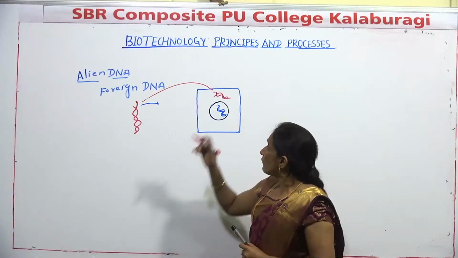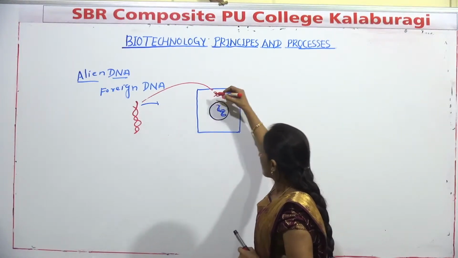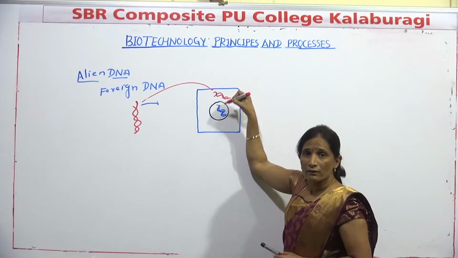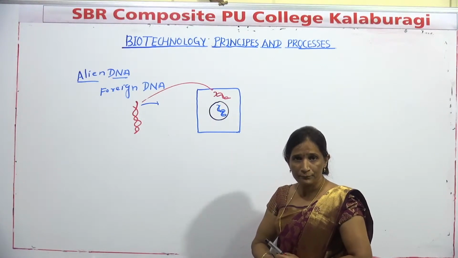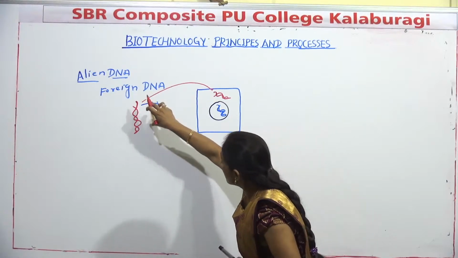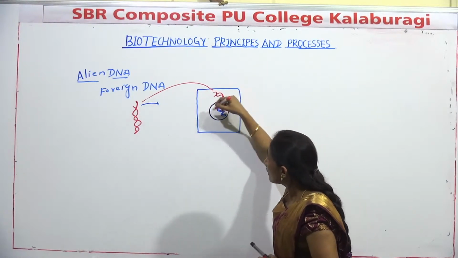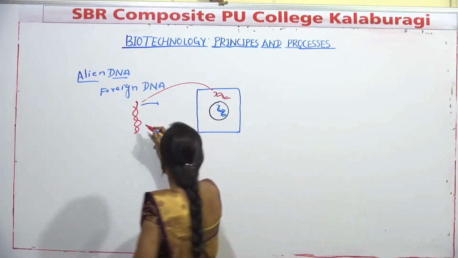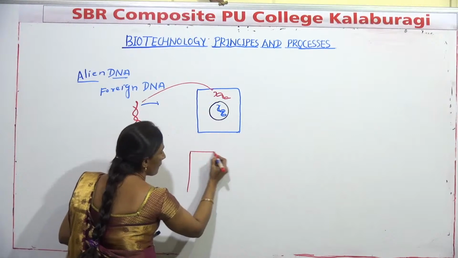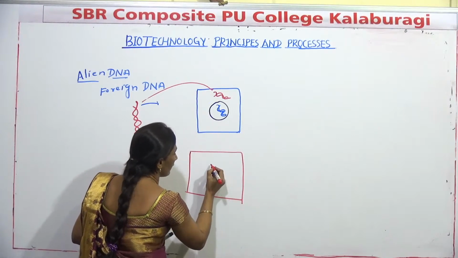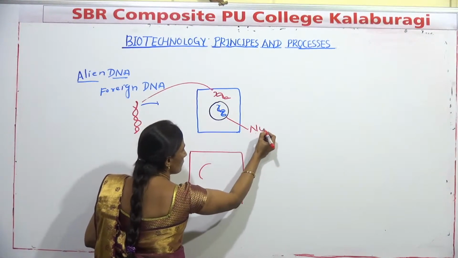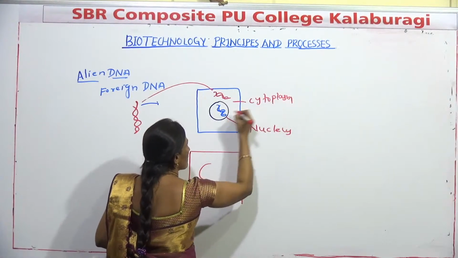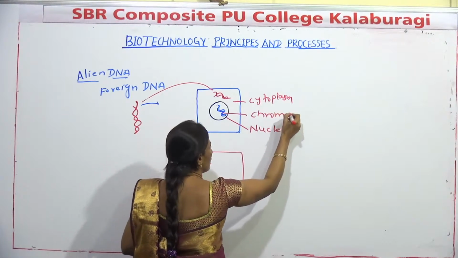Is it clear? Why is this foreign DNA, when you insert it into the host cell, not going to replicate? Because this DNA is introduced into the cytoplasm of the cell. This is the nucleus, this is the cytoplasm, and this is the chromosome.